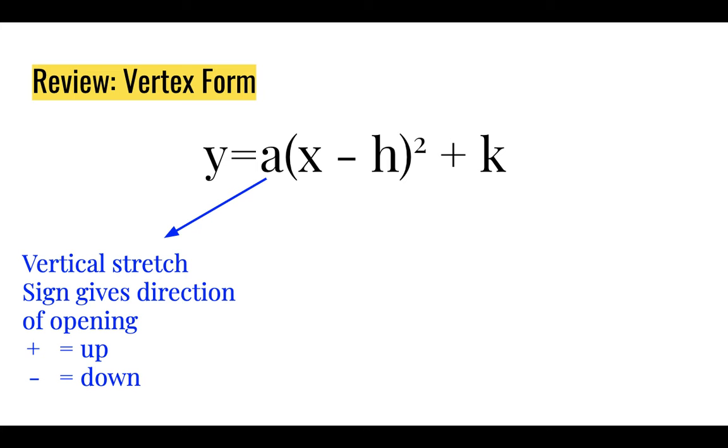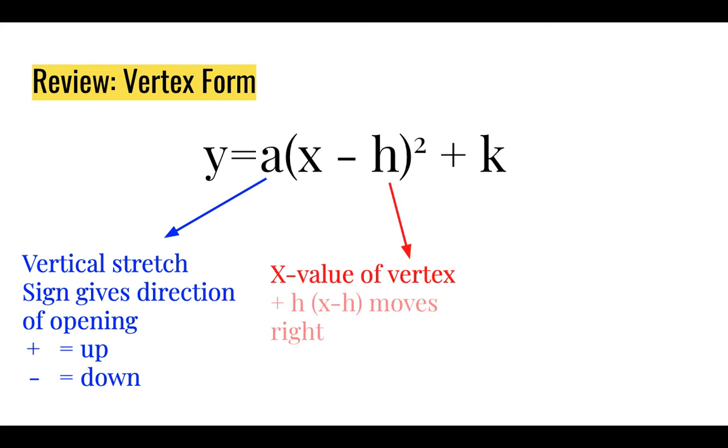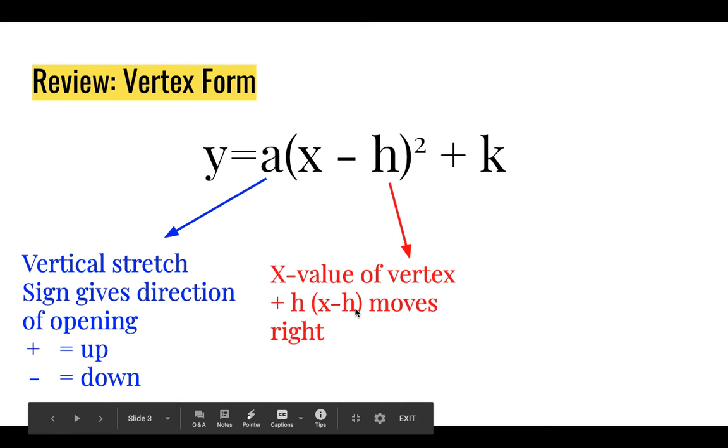Now, h is the x value of the vertex. So if you have a positive x value, it will look like x minus h. If my x value of the vertex is 3, it's going to be x minus 3, and it will move to the right.